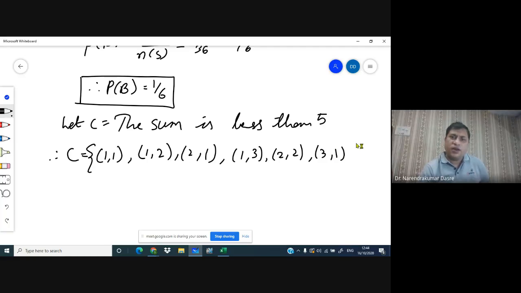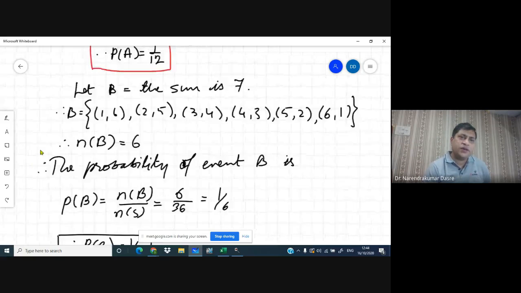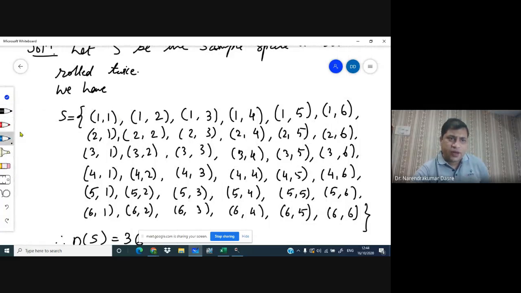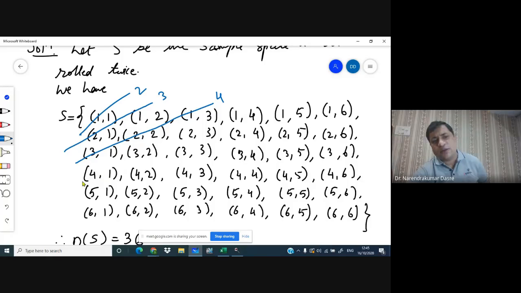The next sum will be 5. If we want to see it in the observations, we can see these lines. This is the line with sum 2, this is the line with sum 3, then this is the line with sum 4. But if we go to this, it will be 5. That's why we have to consider all the observations on these 3 lines. I have considered (1,1), then (1,2), (2,1), then (1,3), (2,2) and (3,1).